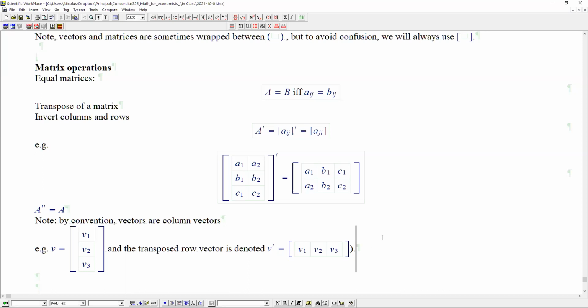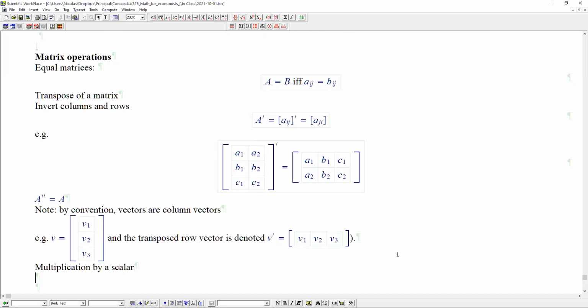What have we done? Okay, multiplication by a scalar.